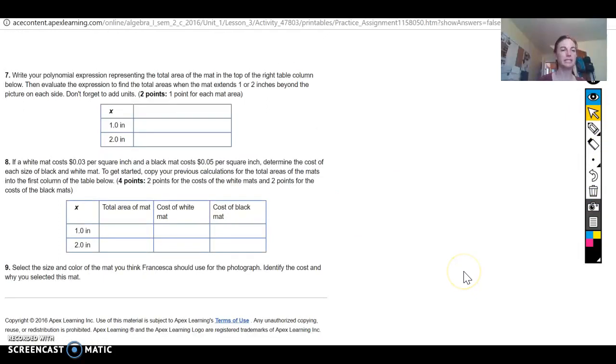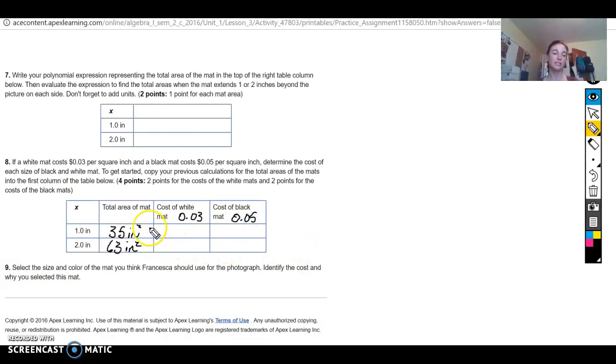Moving on to number 8. If a white mat costs 3 cents per square inch and a black mat costs 5 cents per square inch, determine the cost of each size of black and white mat. So we are going to copy our area calculations into here. Remember, we had 35 inches squared and 63 inches squared, and the cost of the white mat was 0.03 per square inch, and this is 0.05 per square inch.